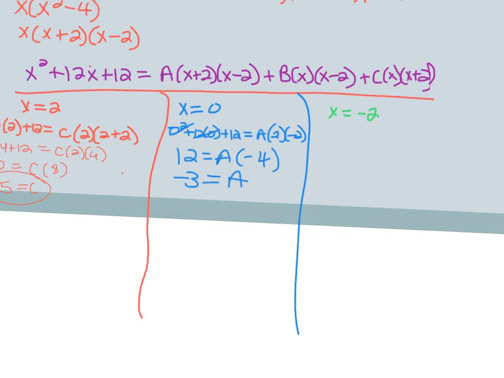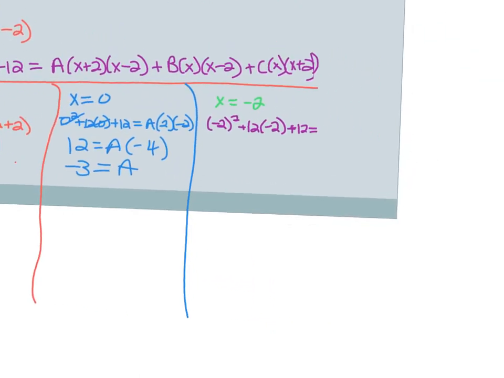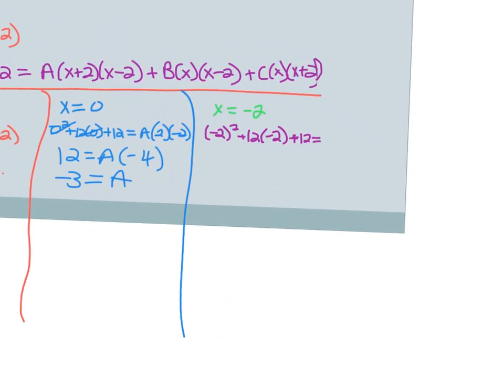Still with me? And then I go to negative 2. So negative 2 squared plus 12 times negative 2 plus 12 equals, if I plug in a negative 2, which one's not going to cancel?